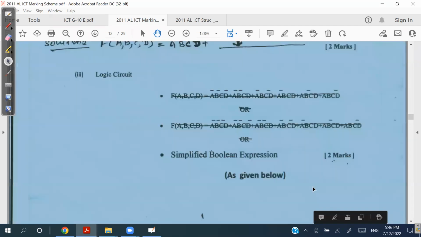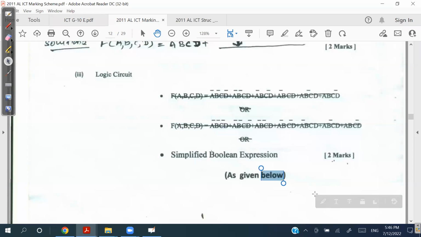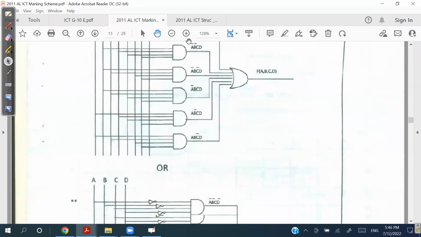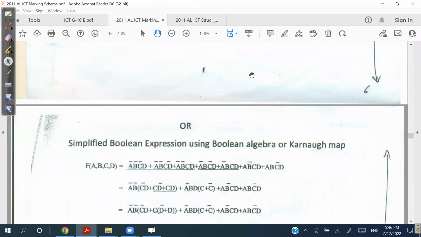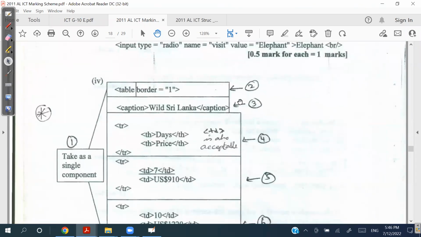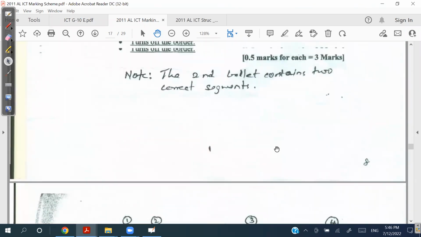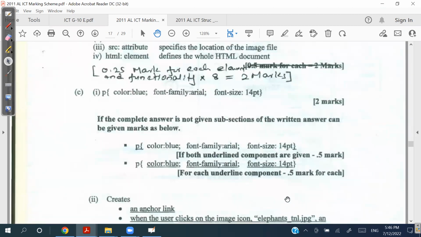So with that, you can calculate how much you got out of 15 for the first question, right? So see how much you got out of 15.